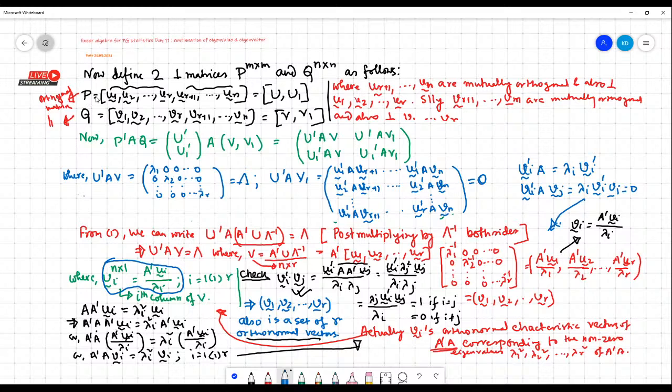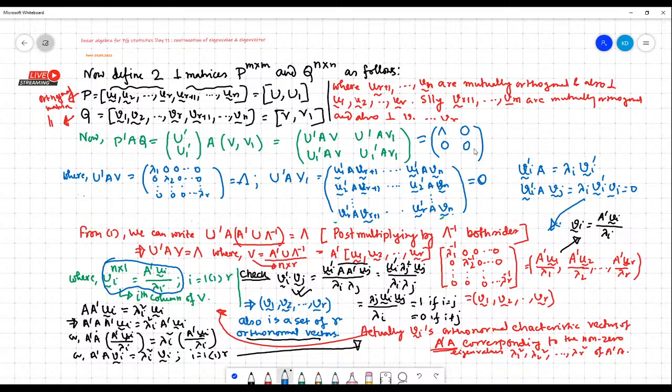So in this way you write this matrix as, not lambda I, this is script lambda, capital lambda 0 0 0.